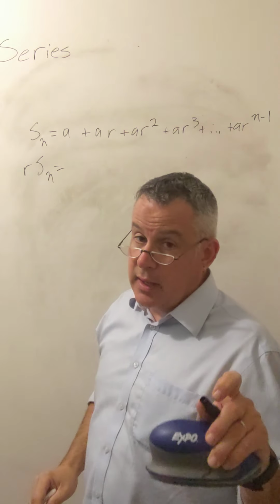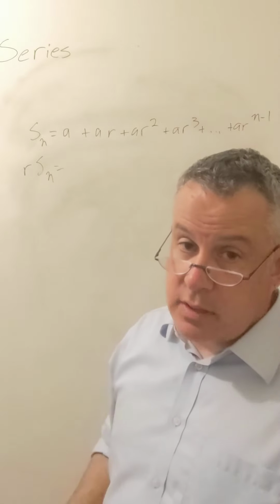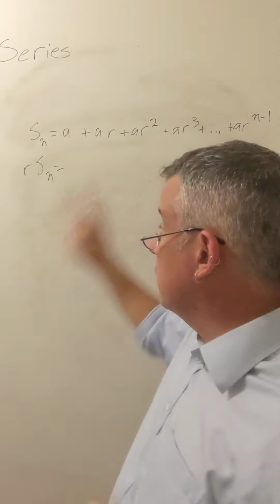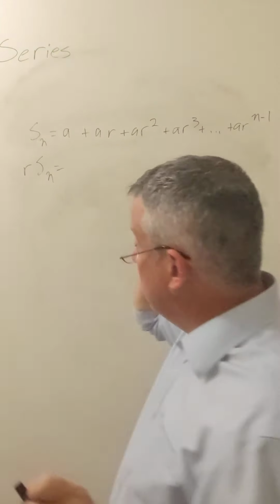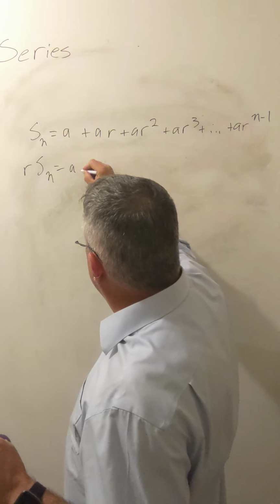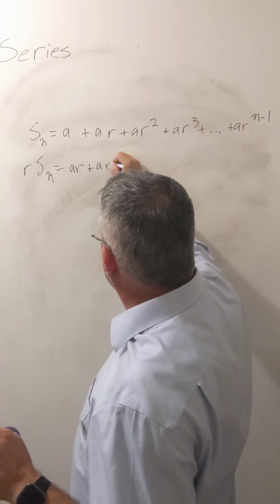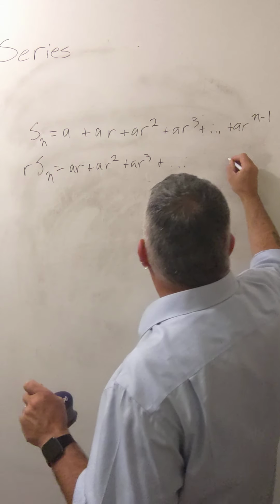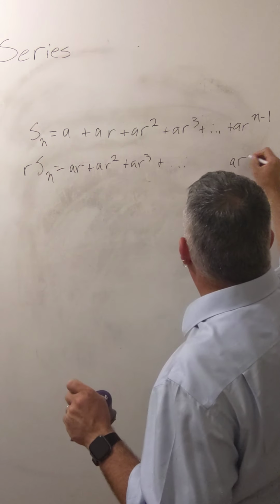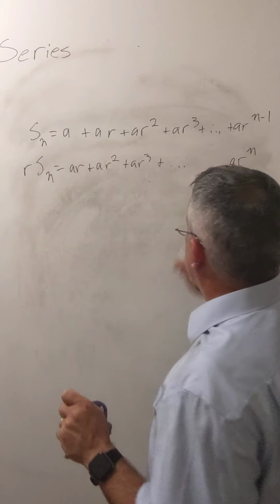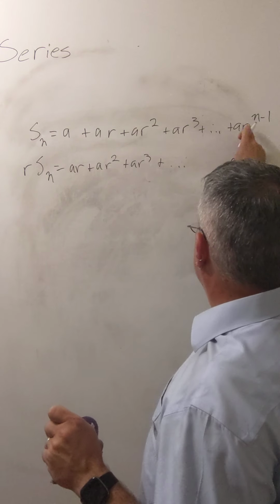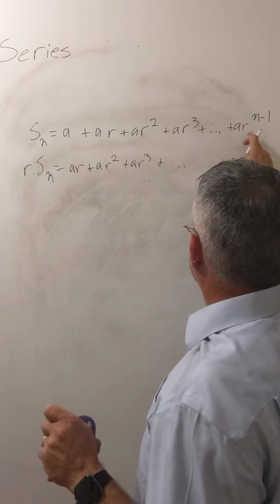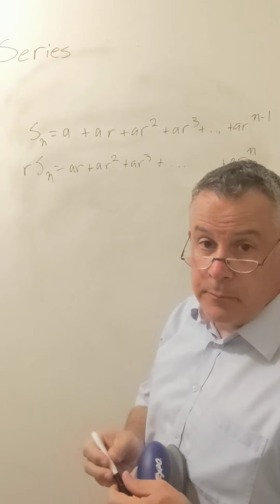Since it's finite in length, we know that it has a finite value, so we can multiply through and not have any problems. So that one is ar plus ar squared plus ar cubed plus dot dot dot ar to the n. This time it's n instead of n minus 1 because we've got an extra r floating around.